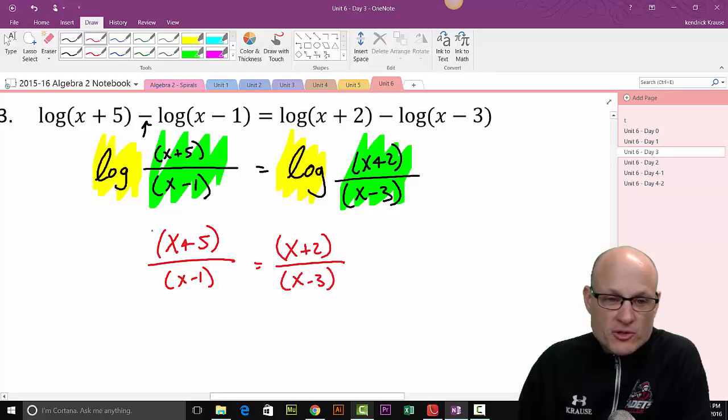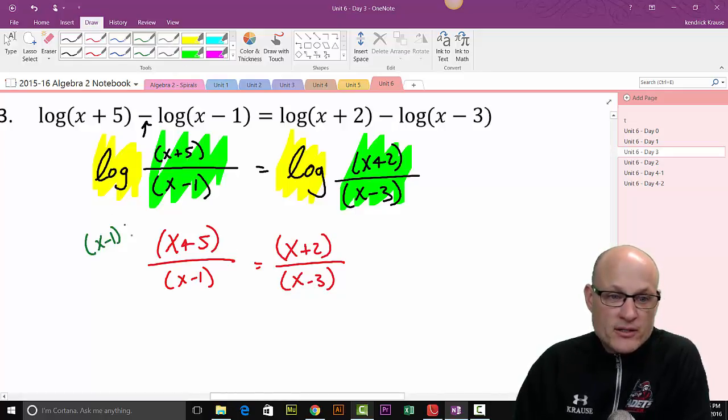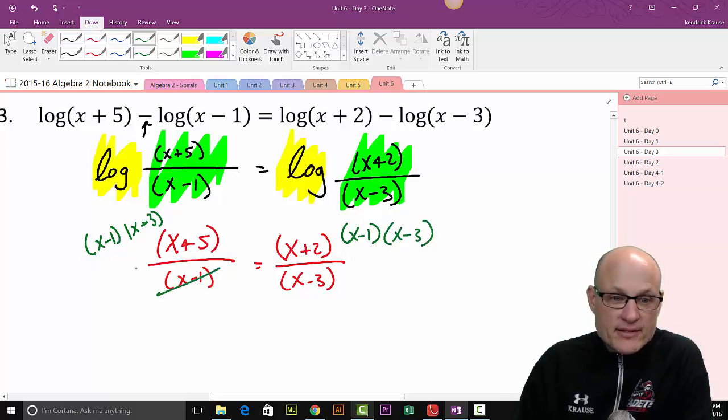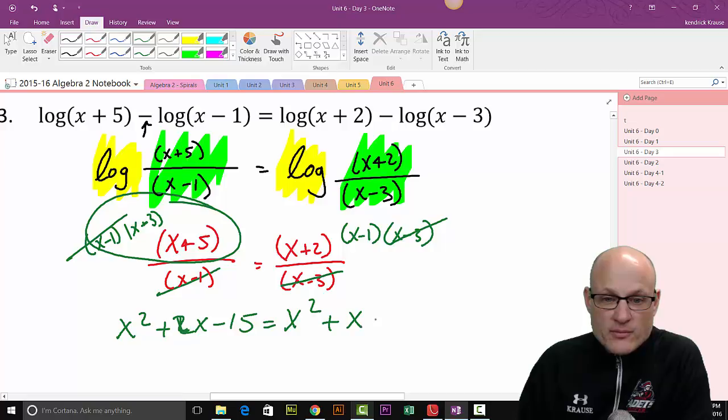Now, you can either cross multiply or multiply through by the common denominator. The common denominator is x minus 1, x minus 3. Of course, you could just cross multiply. We're going to end up basically cross multiplying anyway, because that cancels with that, and I double distribute this. x squared plus 2x minus 15 equals, that cancels with that, x squared plus x minus 2.